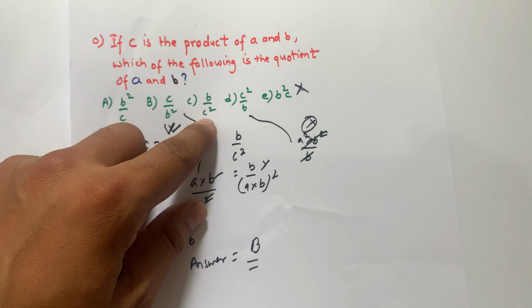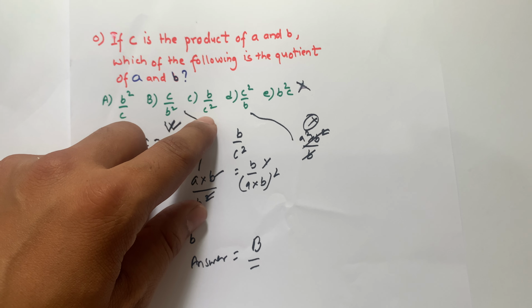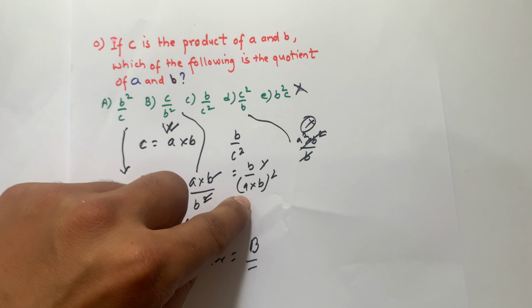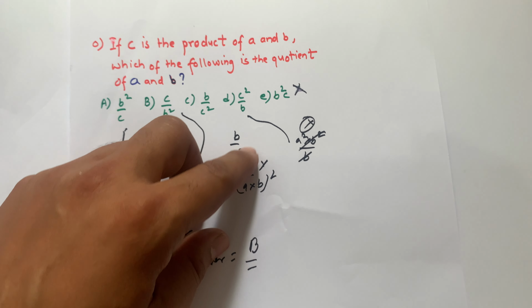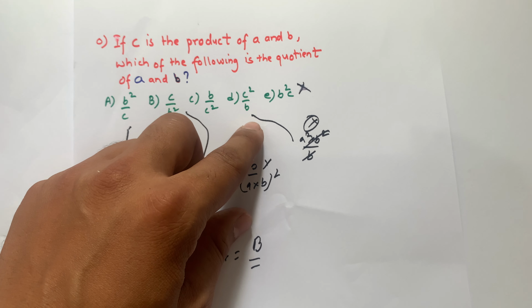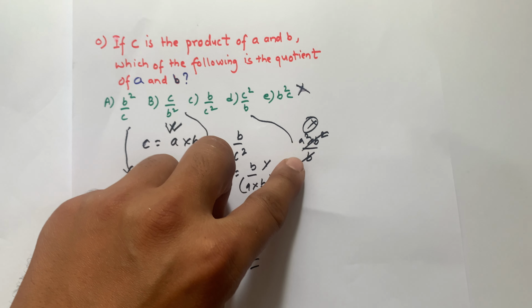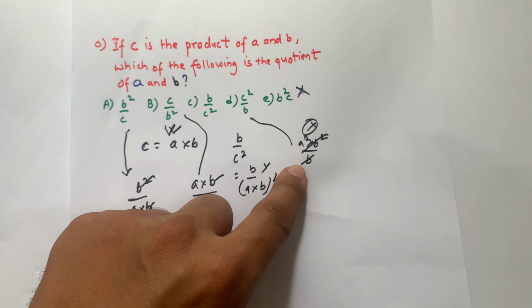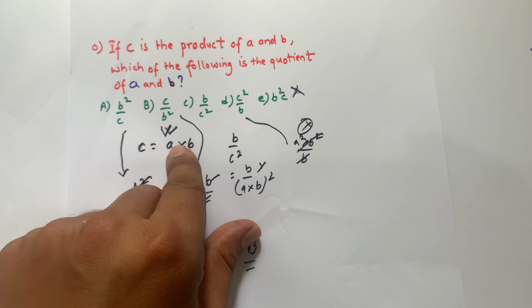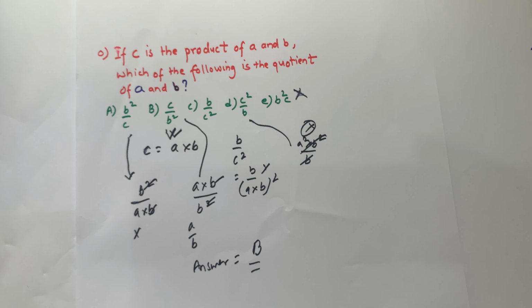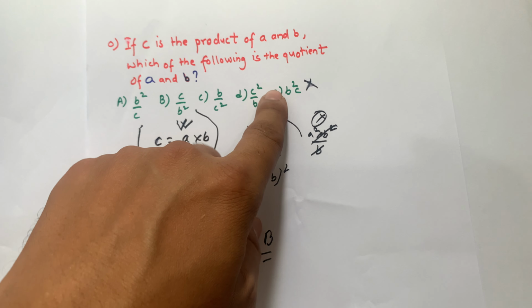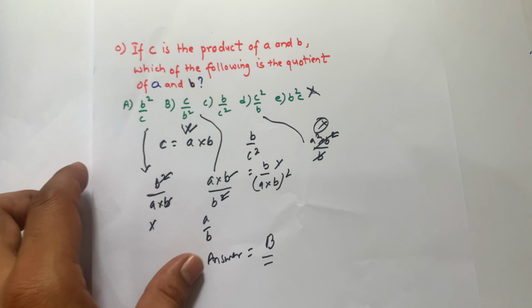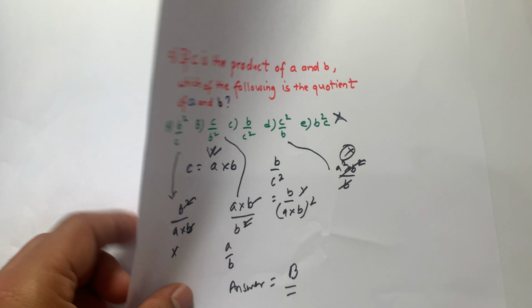Then check also C by B, B by C square, there is a square coming, so no answer. C square by B is already A square, so no answer. So this E option is not the quotient, so no need to look. Only answer is B.